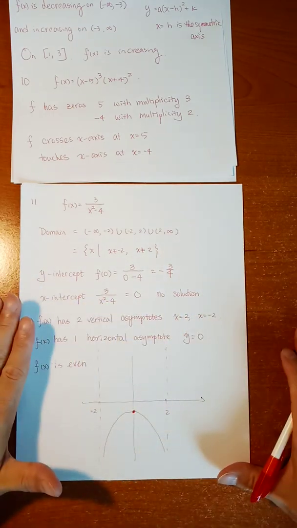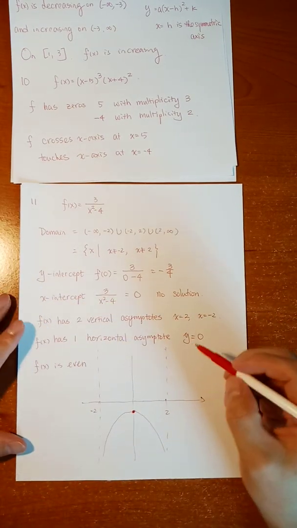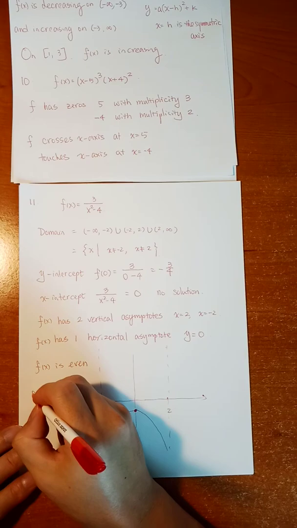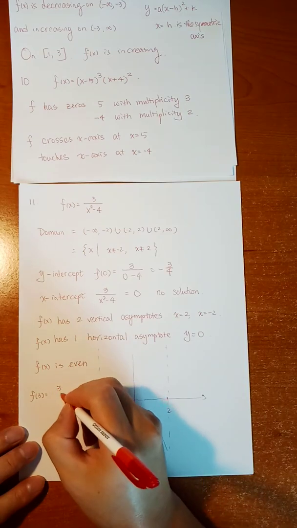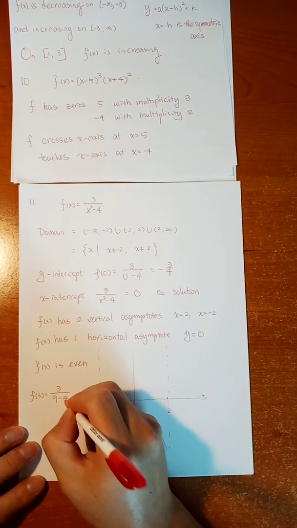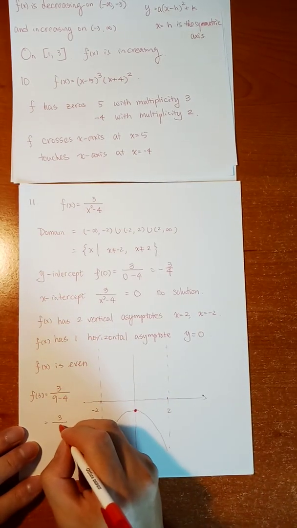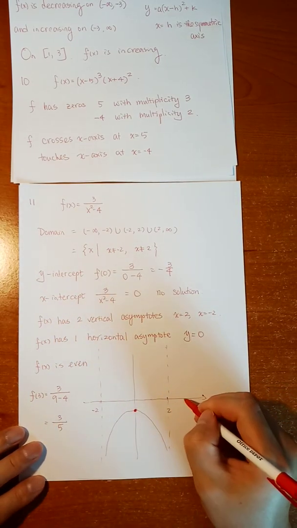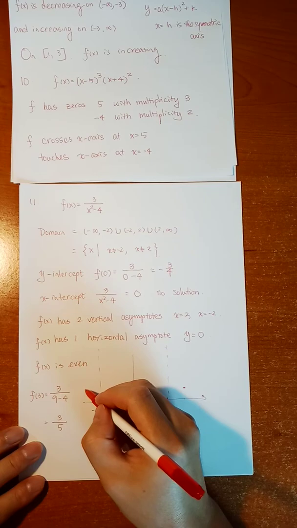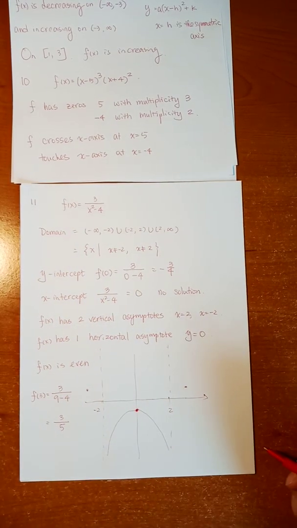And then you're going to determine where the graph of f is on the two outer pieces. So you test f(1), f(3). For example, let's try f(3). f(3) is 3 over 9 minus 4, which is 3 over 5. It's positive, some place here. You will have the symmetric part here.